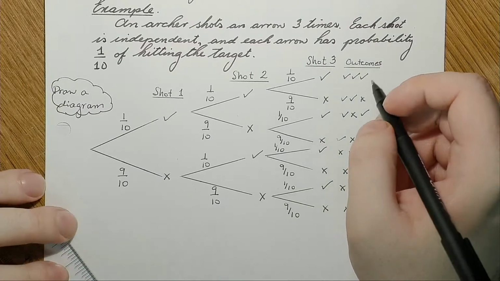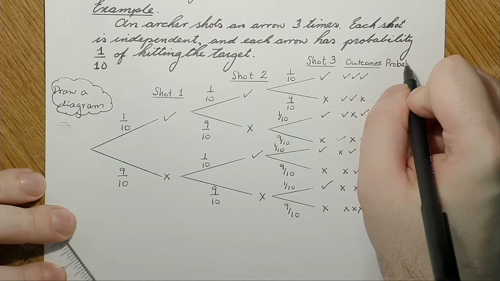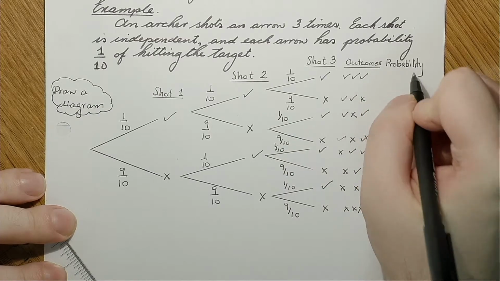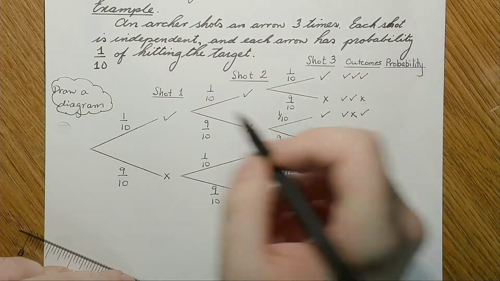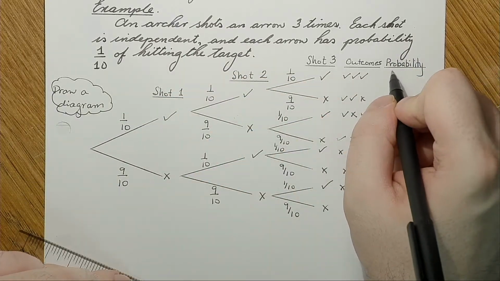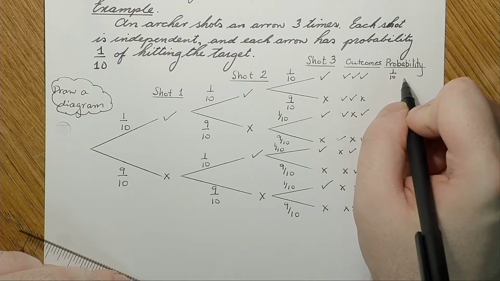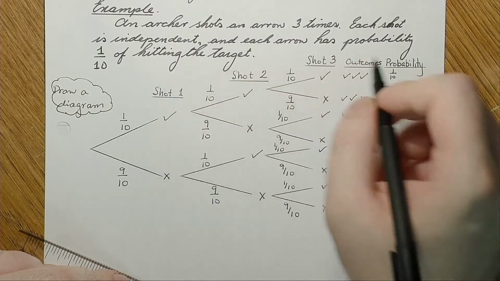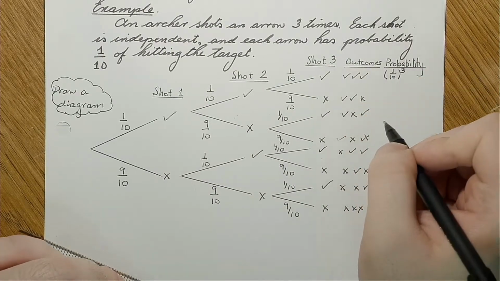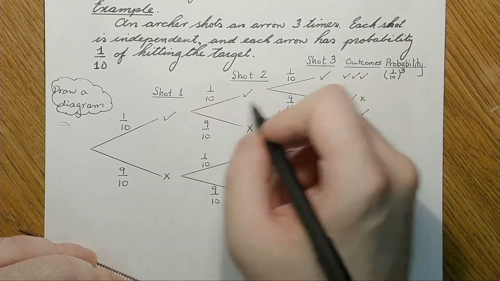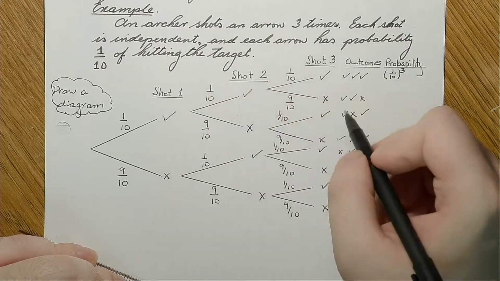Okay, and we can also write down the probability of each of those outcomes. So here I have 1/10 times 1/10 times 1/10. I should say that 3 times, so that's 1/10 cubed. Here I would have 1/10 times 1/10 times 9/10.